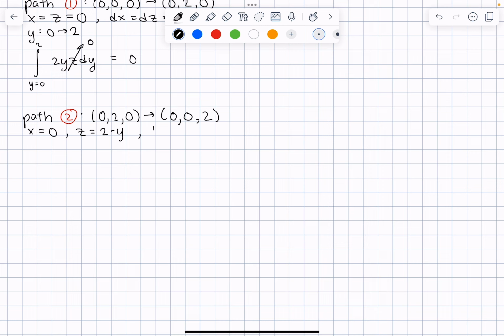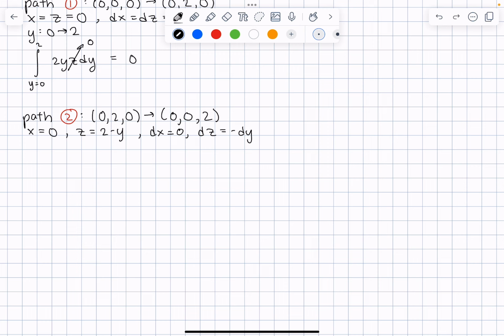And then, in addition, our dx is going to, again, be equal to 0. And then our dz is just going to be equal to negative dy, which you could see very easily if you were to take the derivative of that.